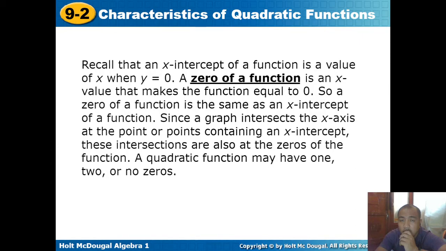It may have 1, 2, or no zeros. When we say 1, it will only touch the x-axis at one point, which is the vertex. When 2, it will touch the x-axis twice. Or no zeros, which means the parabola does not touch the x-axis at all.